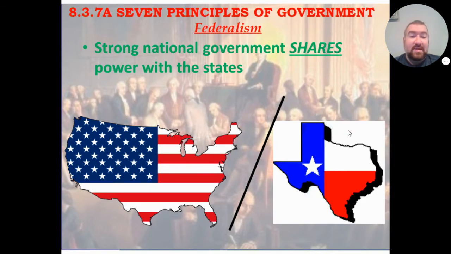So, for instance, the state of Texas will conduct elections, whereas the national government will be in charge of whether or not we go to war. However, they also share powers. So that's the word I want you to remember when it comes to federalism. Shares. Because a lot of these powers overlap. We're going to talk about that some more when we get to separation of powers.